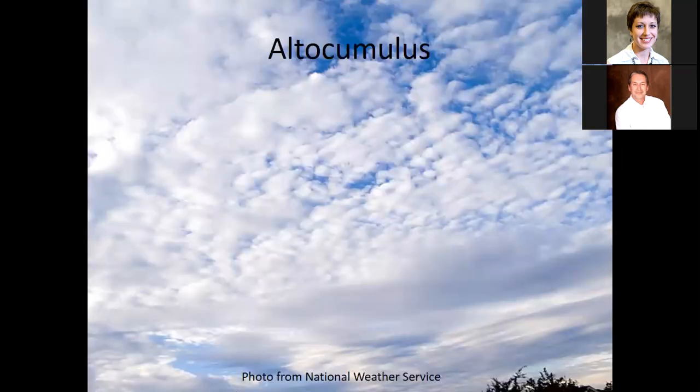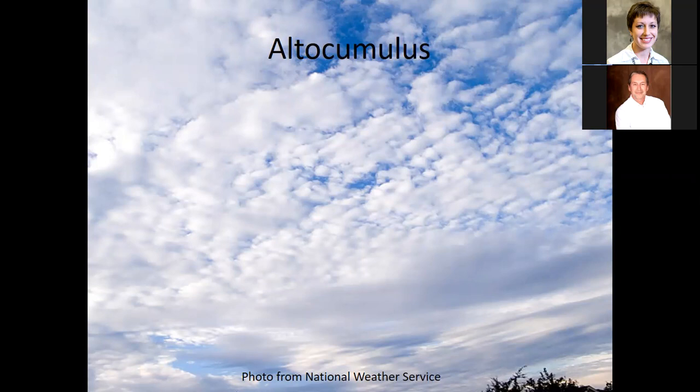A cumulus type cloud that's going to be higher up in the atmosphere, maybe at about 6,000 to maybe 15,000 feet up, are called altocumulus clouds. So you can see these have the puffy appearance to them, but they're up at a much higher elevation.